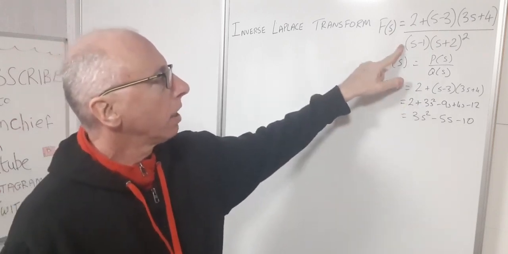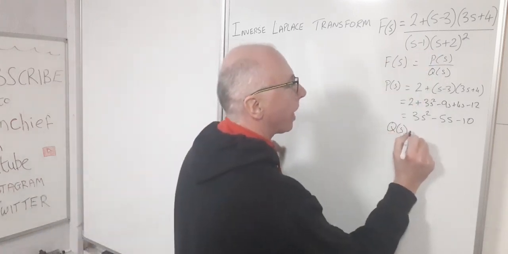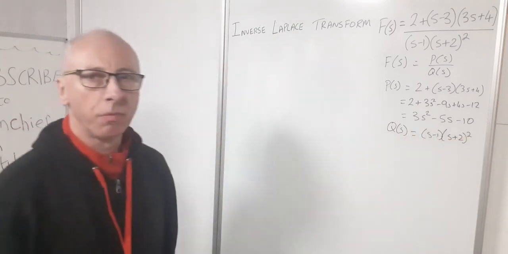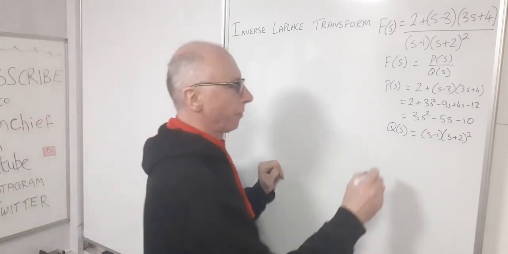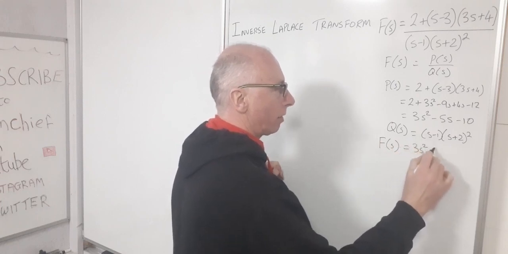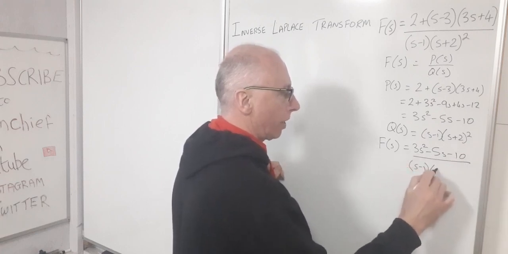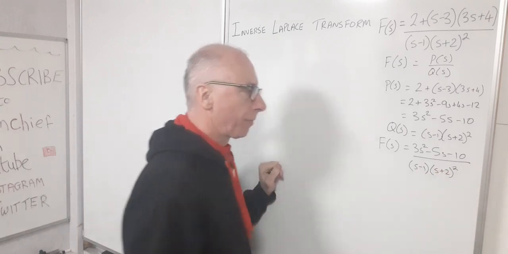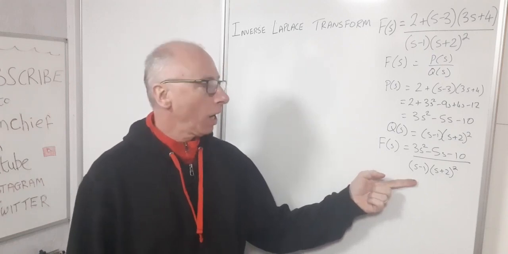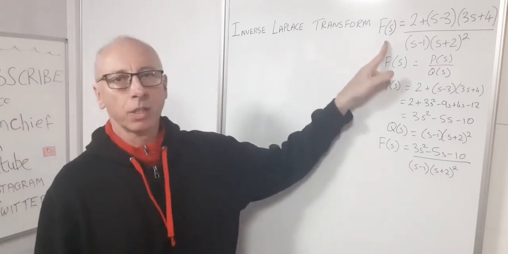Now our denominator, (s - 1)(s + 2) squared, let's just write that as our Q(s). Now this looks like we're setting ourselves up for a partial fraction decomposition. So therefore F(s) equals (3s squared - 5s - 10) over (s - 1)(s + 2) squared. Okay, now from this point in this video I'm going to go straight to the result of the partial fraction decomposition, just so we can concentrate on the question in hand.